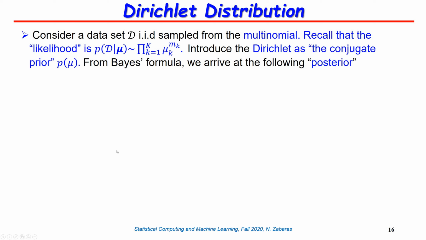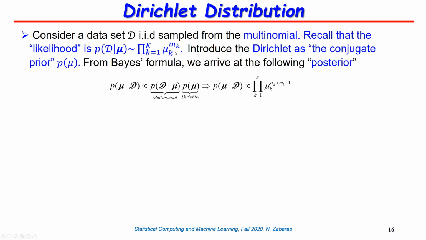And what does that mean? It means that if you're going to compute the posterior of mu given your data, this is what I call a posterior distribution. The posterior of mu given the data, from Bayes' rule, is proportional to the likelihood times the prior.